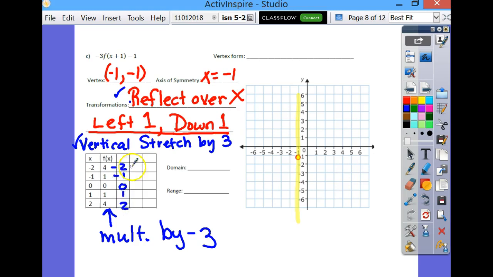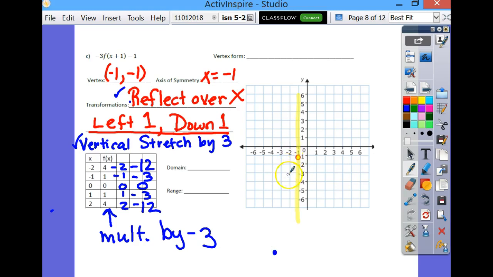What's 4 times -3? 1 times -3. 0 times -3. 1 times -3. 4 times -3. And these points I put over here in the table, I'm not counting them from 0, 0. I'm counting them from my vertex point. So I'm going to go over 2 and down 12, and that's going to go all the way off the graph paper.